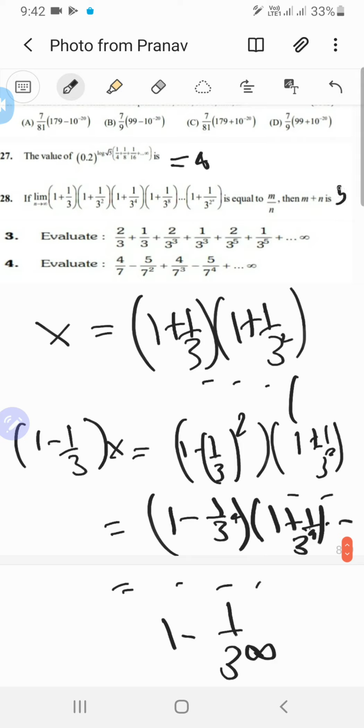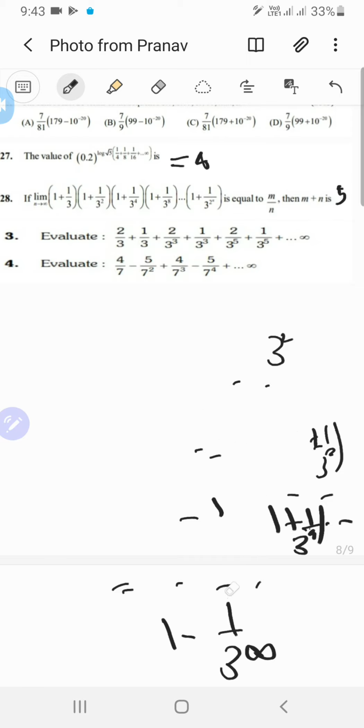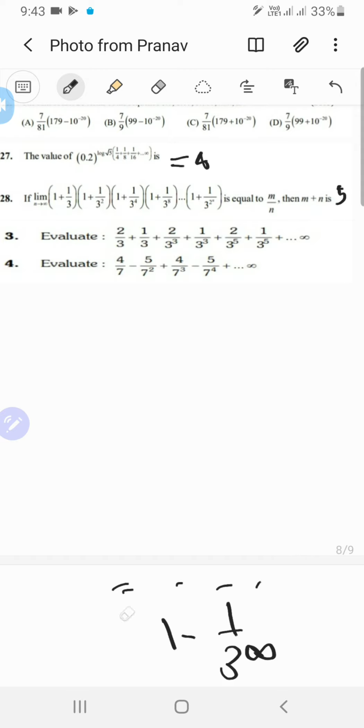Okay, evaluate 2 by 3 plus 1 by 3 plus 2 by 3 cubed plus, I think we have done this question once, have we not? Let's do this fast.